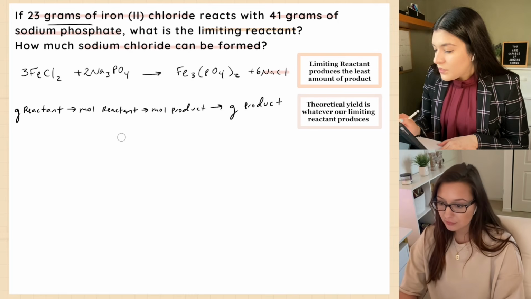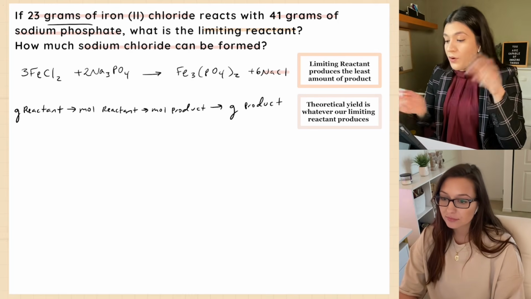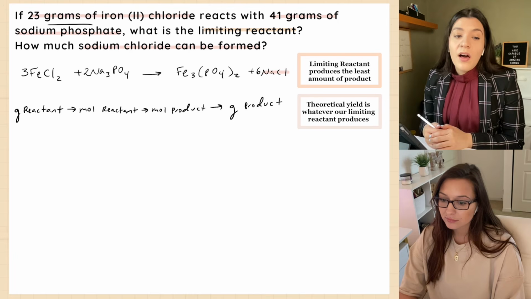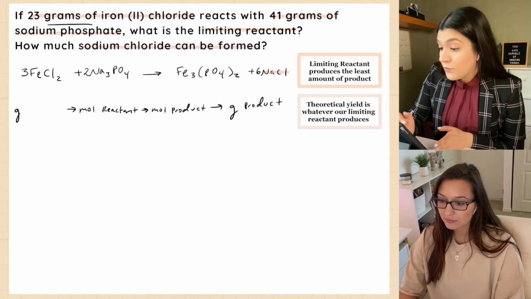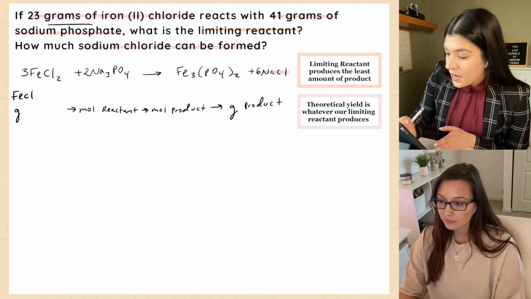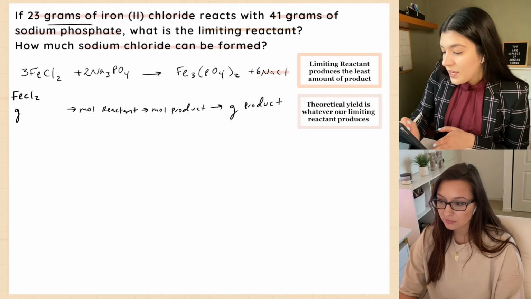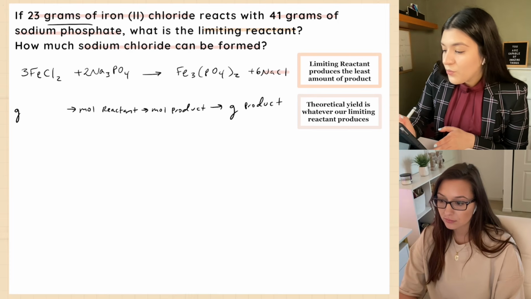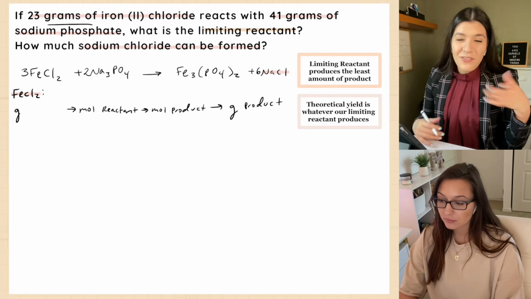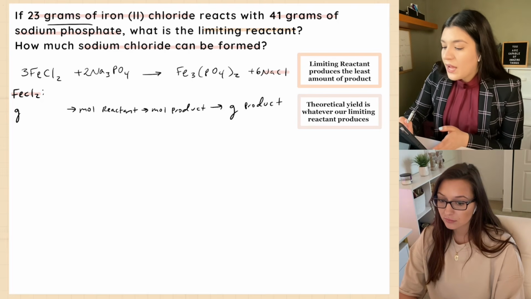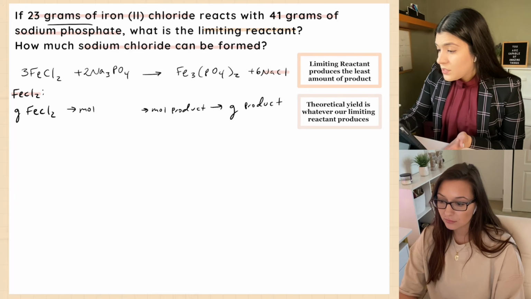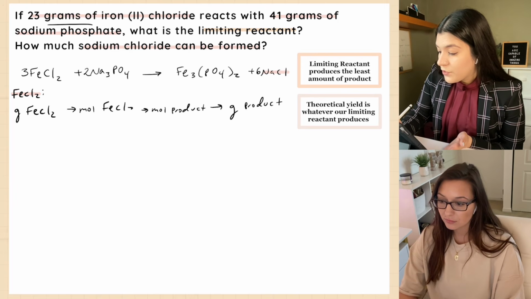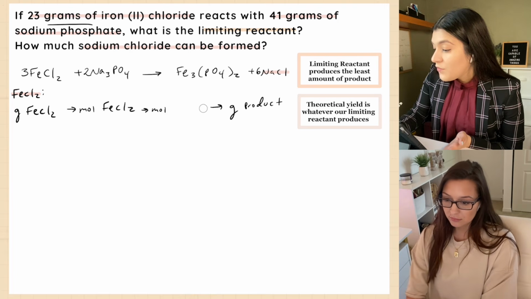Cool. So in this case, I'm just going to apply this to everything that we have. I'm going to do this for our first reactant, which we said is iron chloride. I like putting whichever reactant I'm doing this for on top just to separate everything. You'll see why in a second. I'm going from the grams of my first reactant to the moles of my first reactant to the moles of the product.